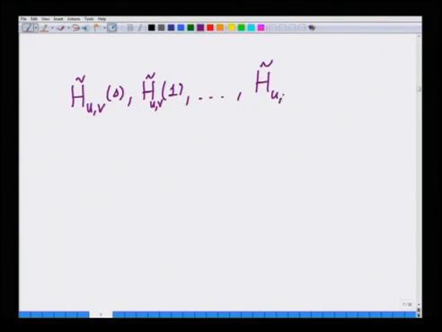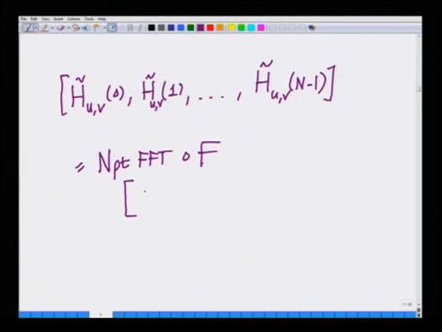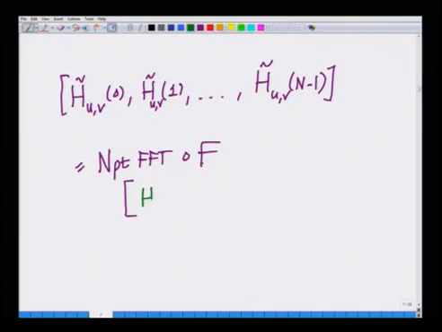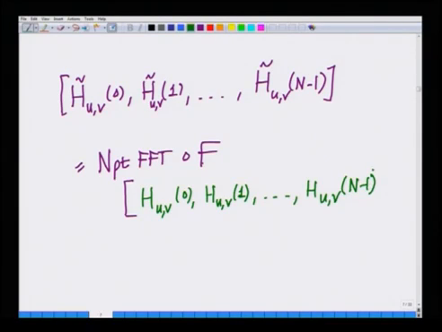If you take this n dimensional vector, this is nothing but the n point FFT of the uvth elements of the MIMO channel taps, which are H of uv comma 0, H of uv comma 1, so on and so forth, up to H of uv comma L minus 1.